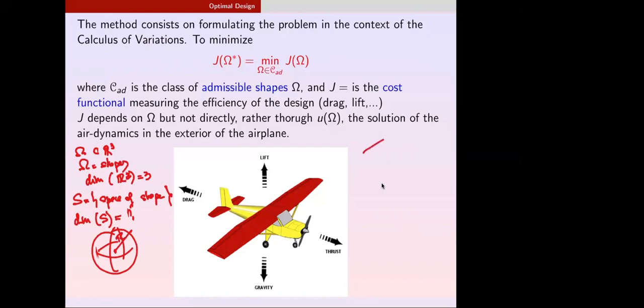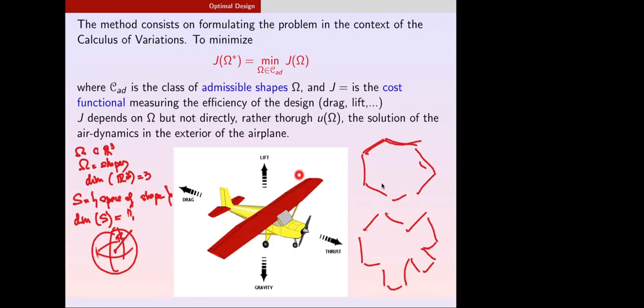But of course, you can go to more and more complicated polygons and polyhedra, right? Which will be needed in order to be able to approximate any shape. And you see how, as soon as you are increasing the number of sides in this polygon or this polyhedron, the dimension is growing endlessly, right? So even if we are considering a simple geometrical problem in R3, the mathematical problem of optimizing the shape is formulated in a space of infinite dimensions, right?